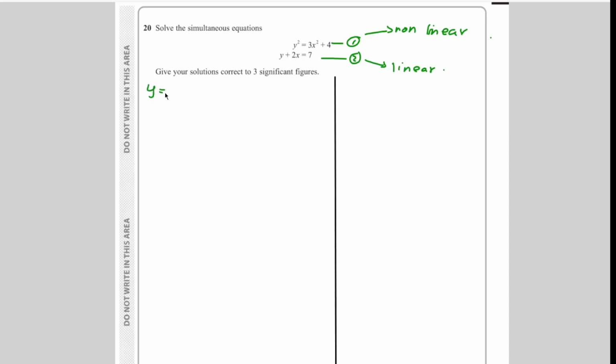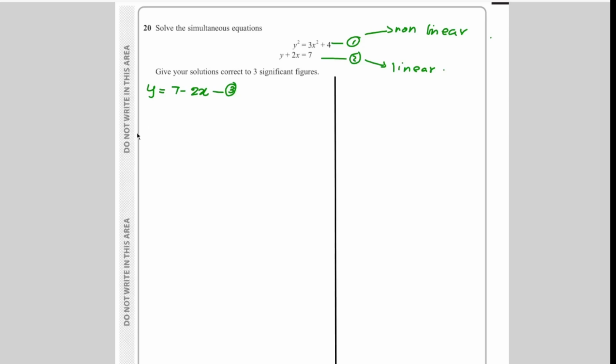So y equals 7 minus 2x. Let's label this equation as the third equation. After that, the third equation is to be substituted into the first equation.